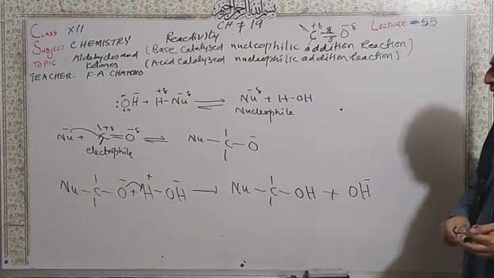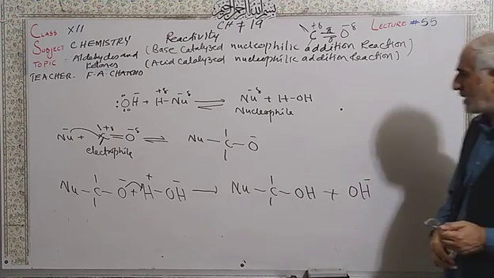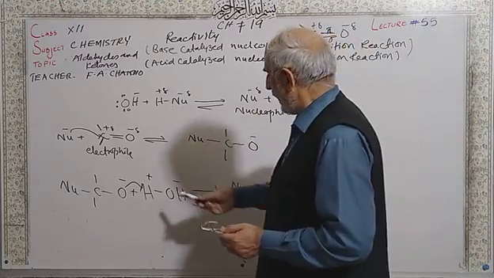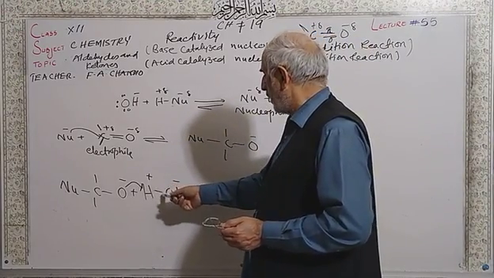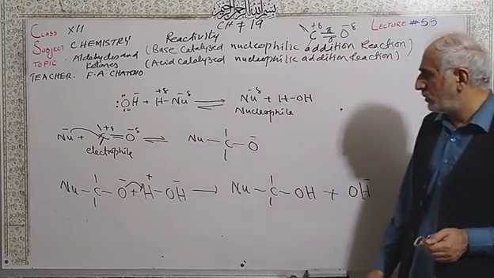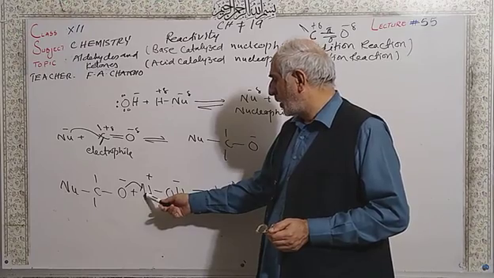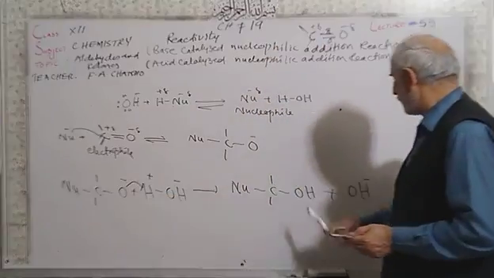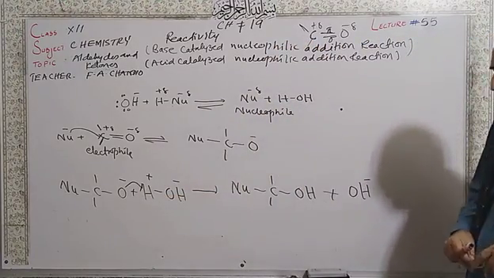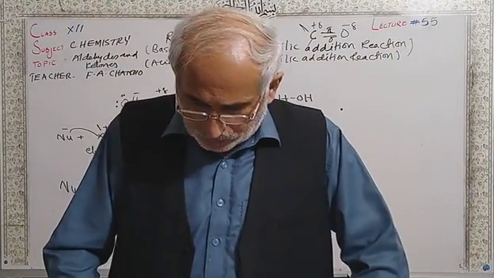An intermediate ion is formed with a negative charge, and the valency of oxygen is not satisfied. Then there is the water. The bond between the hydrogen and hydroxyl is going to be broken. This oxygen is going to be attached here to make an OH, and the base hydroxyl is going to be removed.